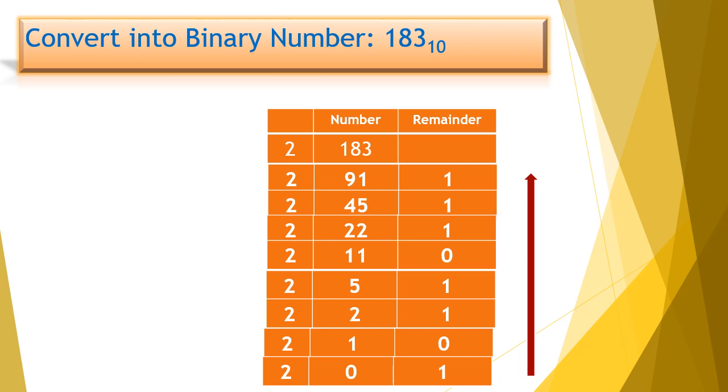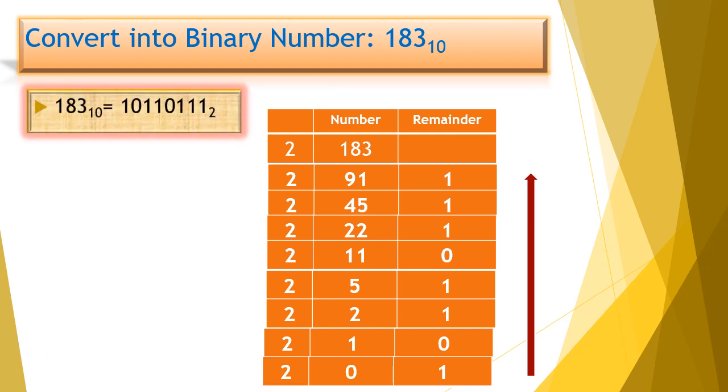The remainders obtained in this division from bottom to top order are 1, 0, 1, 1, 0, 1, 1, 1. So that will be the binary equivalent of the given decimal number 183.